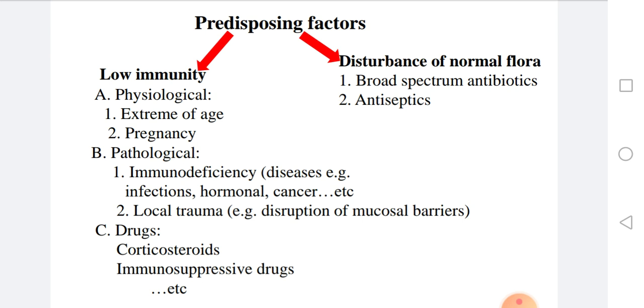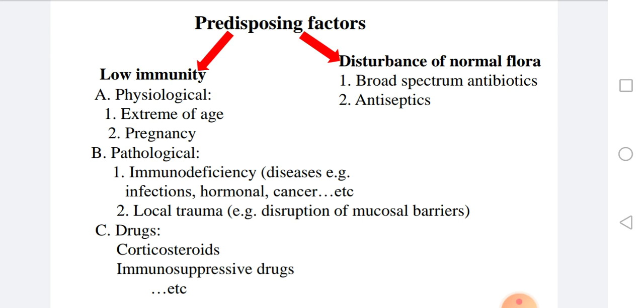Cancer, different types of cancer can lower immunity, and the list is long in pathological causes of immunodeficiency.